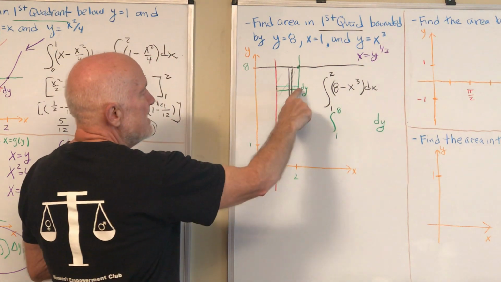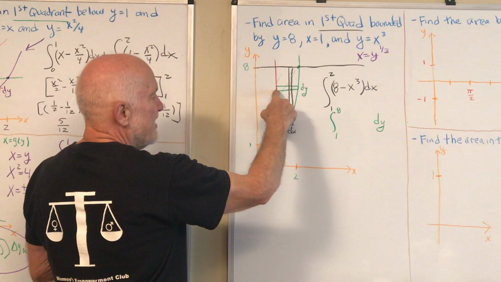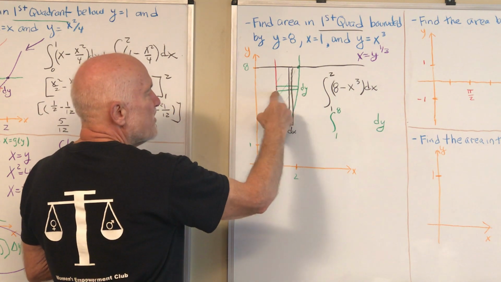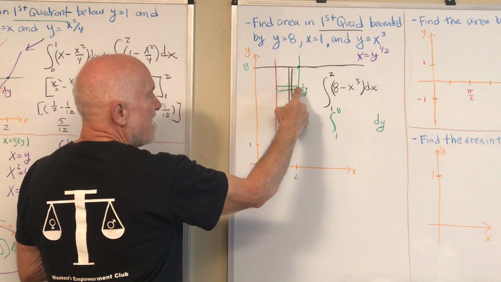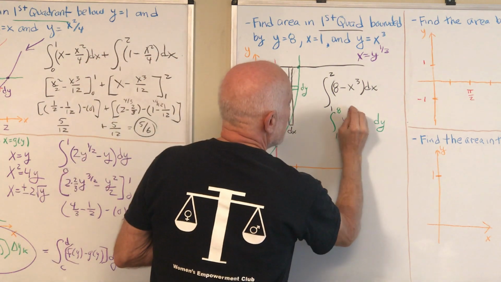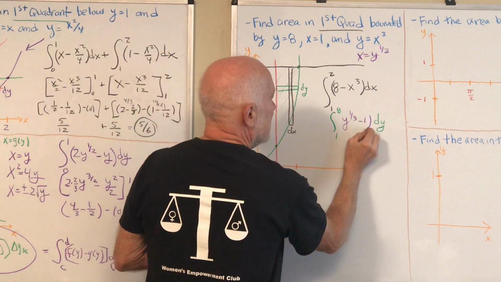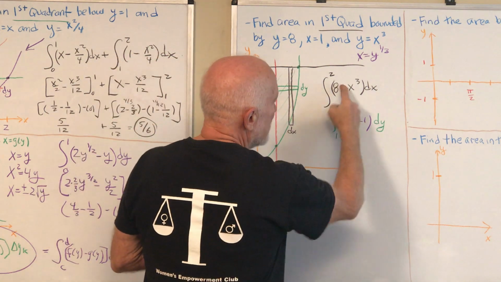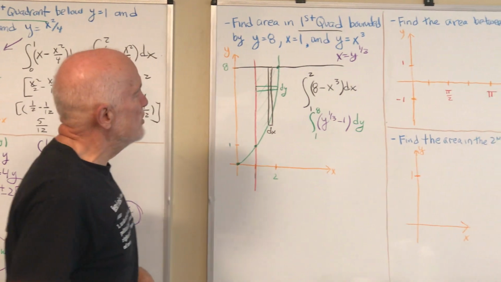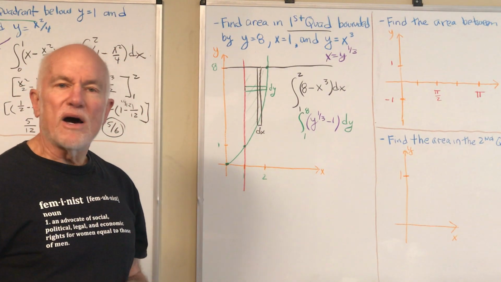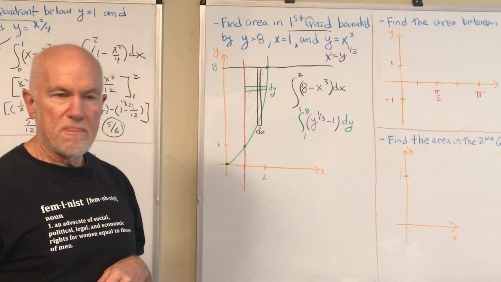And that would be the bigger x value than this x value, which is x equals 1. So the width of this rectangle is going to be this x value, y to the 1/3, minus this x value, 1. So either of these isn't too bad to do. They would give you the same answer. So I'd say that one was kind of up to your choice.